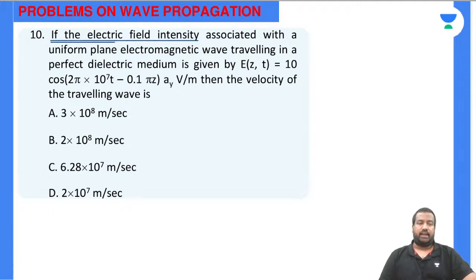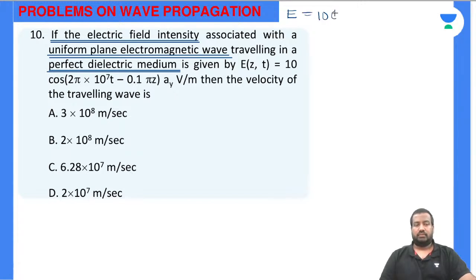If the electric field intensity associated with the uniform plane electromagnetic wave traveling in a perfect dielectric medium is given by E of z comma t is equal to 10 cos of 2 pi into 10 power 7 t minus 0.1 pi z into AY volt per meter.